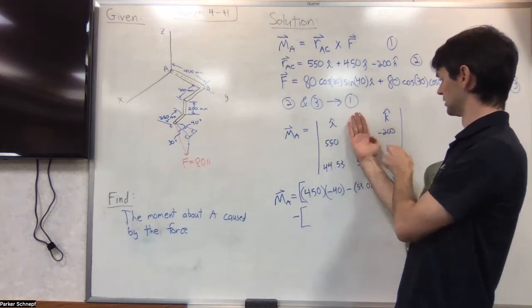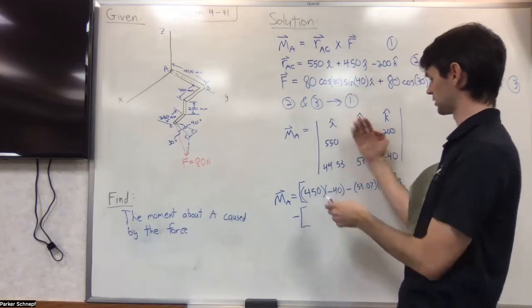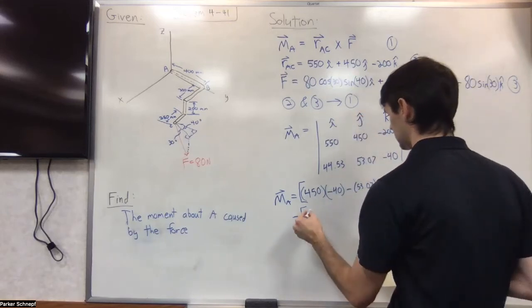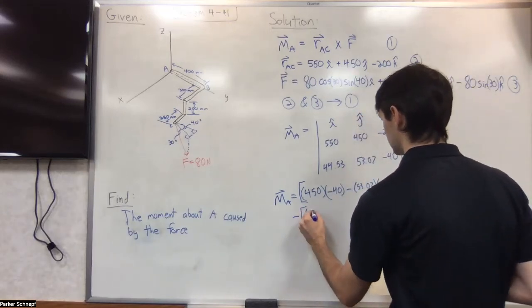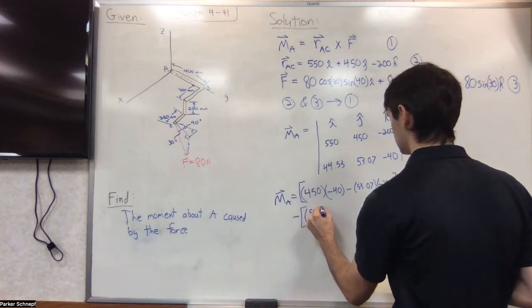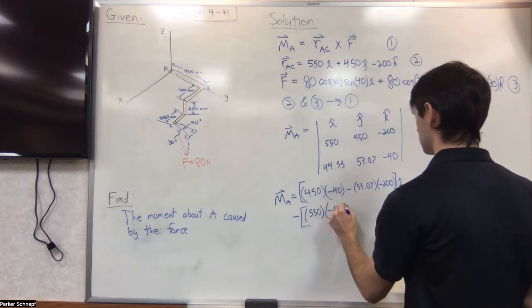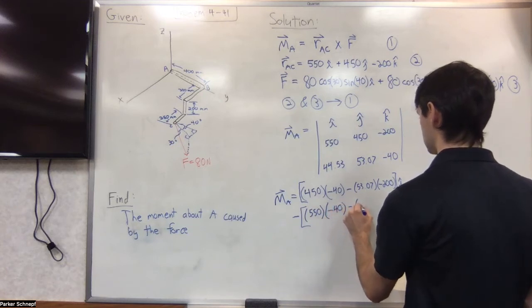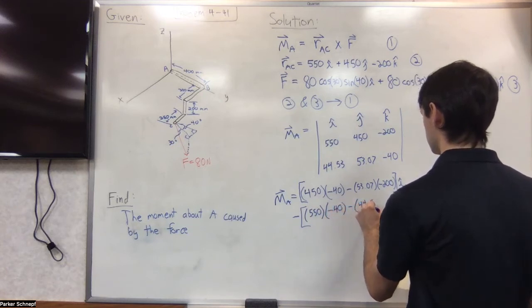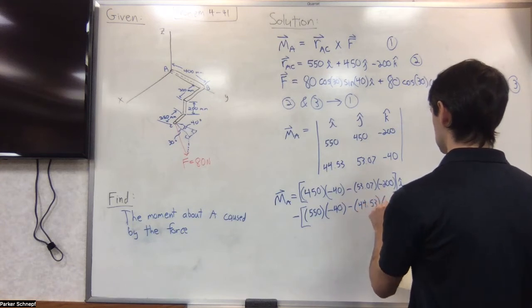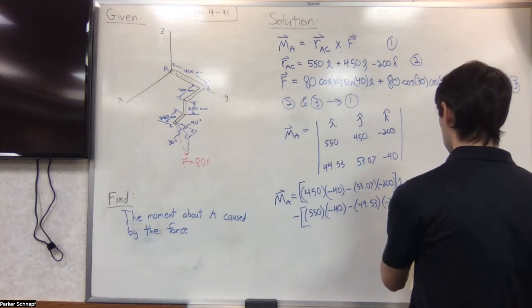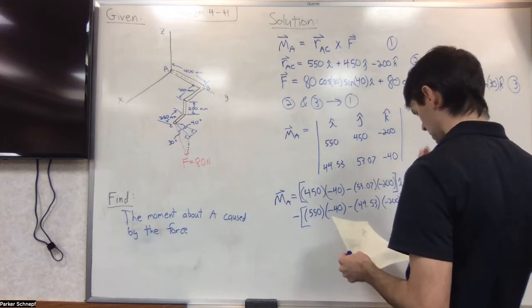Same thing with the X pattern. So I get 550 times minus 40 minus 44.53 times minus 200. And all of that gives me my Y component.